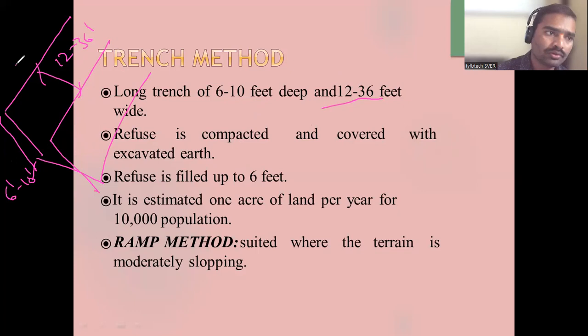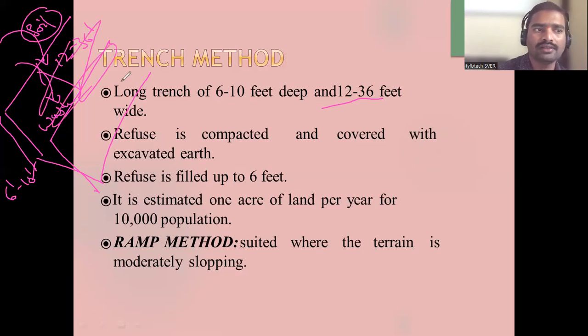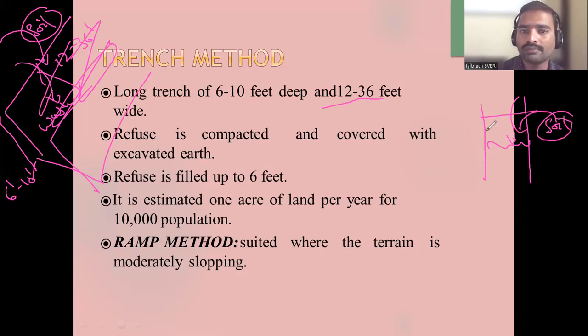They will put the waste, compact it, and after compacting, the soil that was removed is put back and they will make it level. So they open the trench, put the waste, do compaction, afterwards put soil and level it.